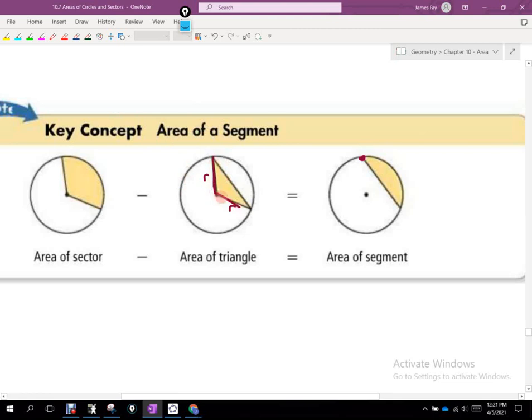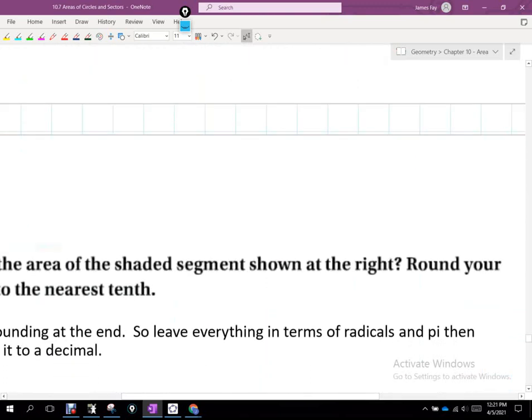And if it's isosceles, then we'll be able to use that distance right there as an altitude. And that'll be h. And then this will be our b, okay? So every one of these problems, the hardest part is to find the area of that triangle. But my hopes are that we've done enough triangle work that we can do that.